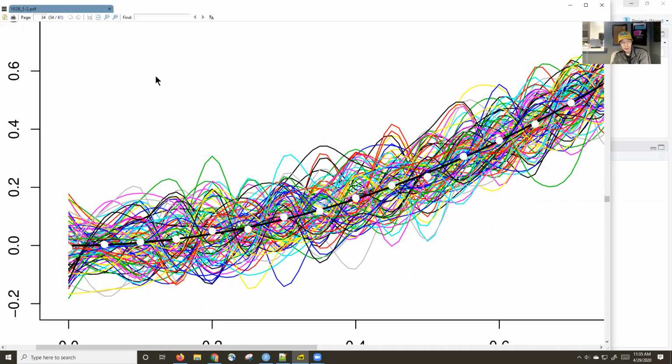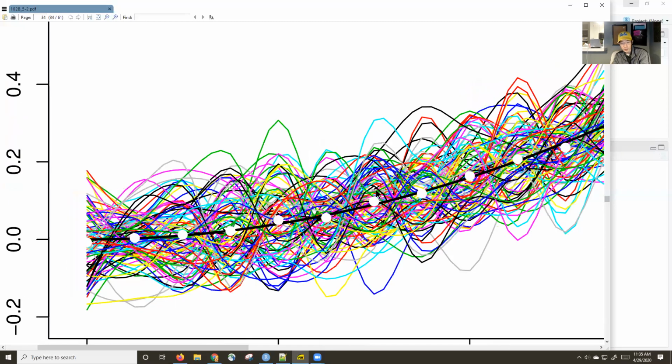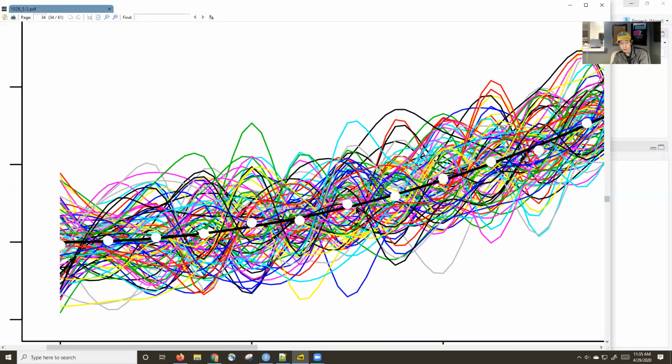And what we can see is that they follow the black line, the true relationship, quite closely. It's not perfect. We still have a little bit of difference between the average of the predicted values and the true relationship, but they follow it pretty closely.